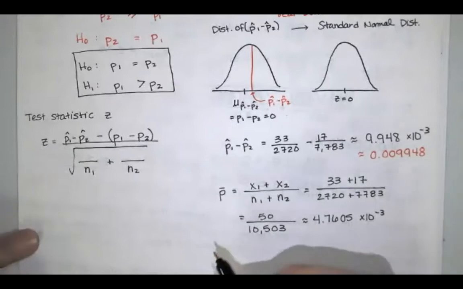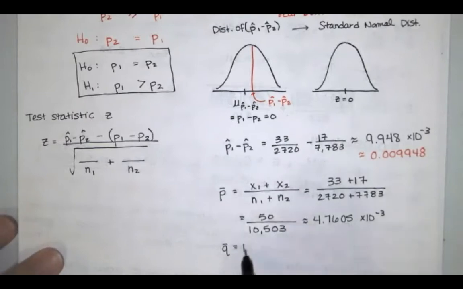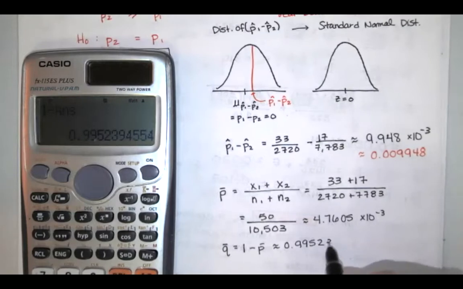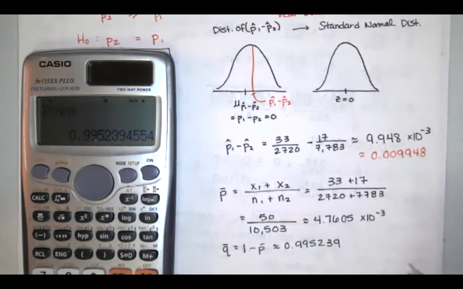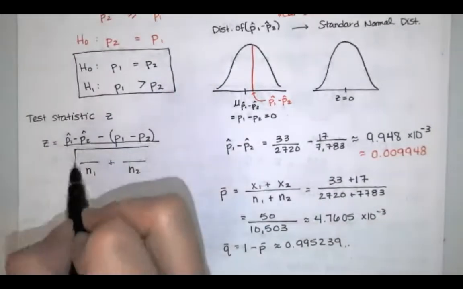And Q bar is just like that, except instead of being the fatality rate, it's the survival rate. It's everyone who survived. So we're just going to take the complement of this. It's 1 minus this answer, which is approximately 0.995239, and so on. So that's what's going to go over here.